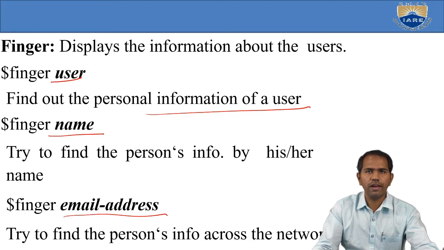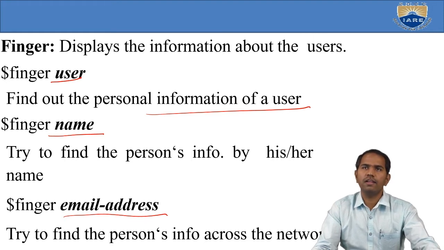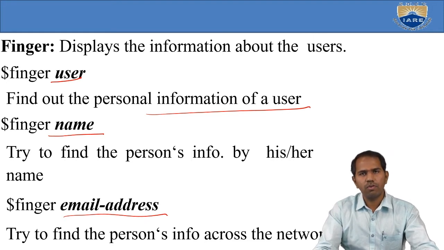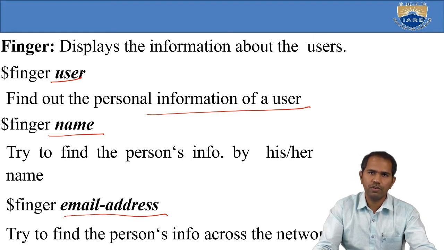So these are the different commands supported by finger. Finger with a user finds the personal information of a user. Finger with a name tries to find the personal information by username, and finger with email addresses.